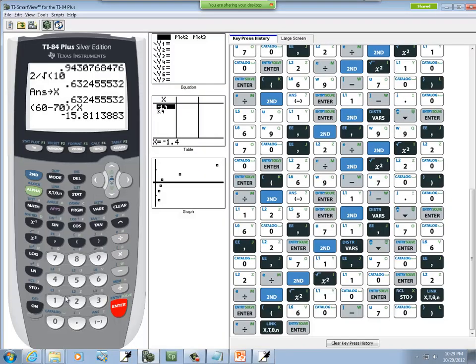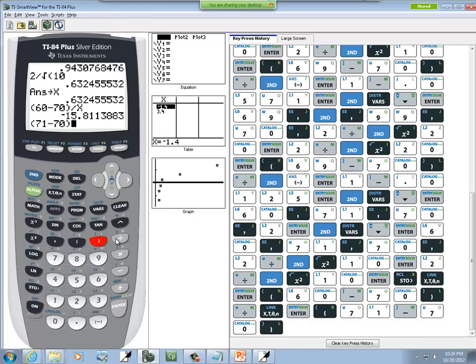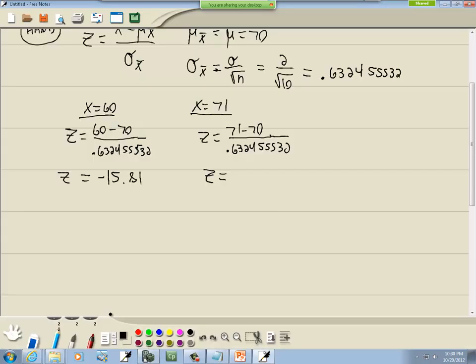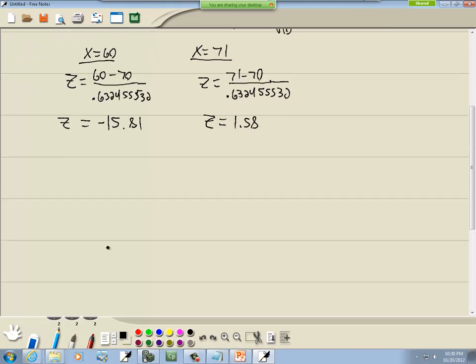Let's look at the other one. 71 minus 70 is 1, of course, but let me put it in there. 71 minus 70 divided by x. 1.58. That looks like something more on the table. Now realize what we're looking at picture-wise. Here's negative 15.81, and here's 1.58.